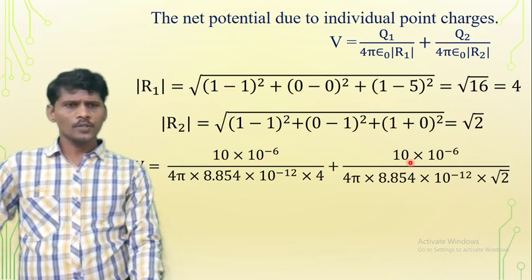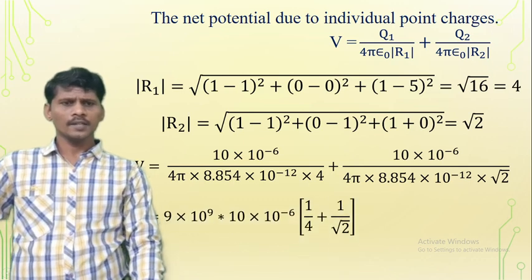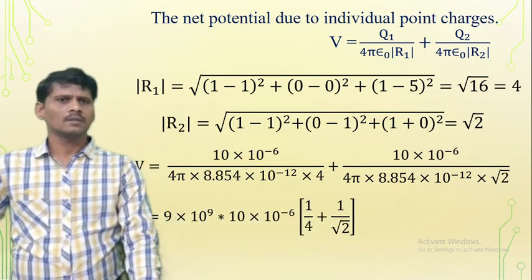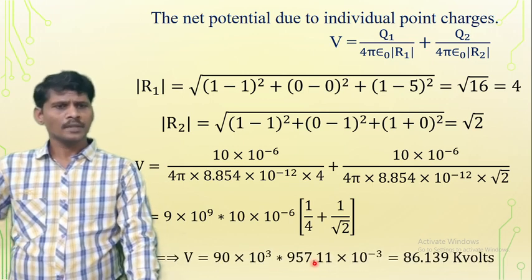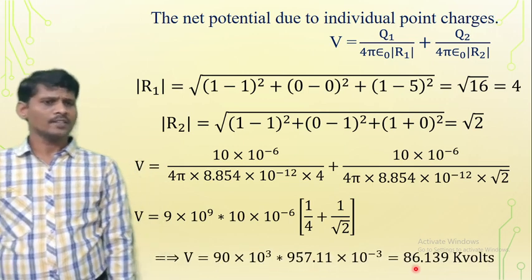And reducing this value, we get the potential at 1 comma 0 comma 1 is 86.139 kilovolts.